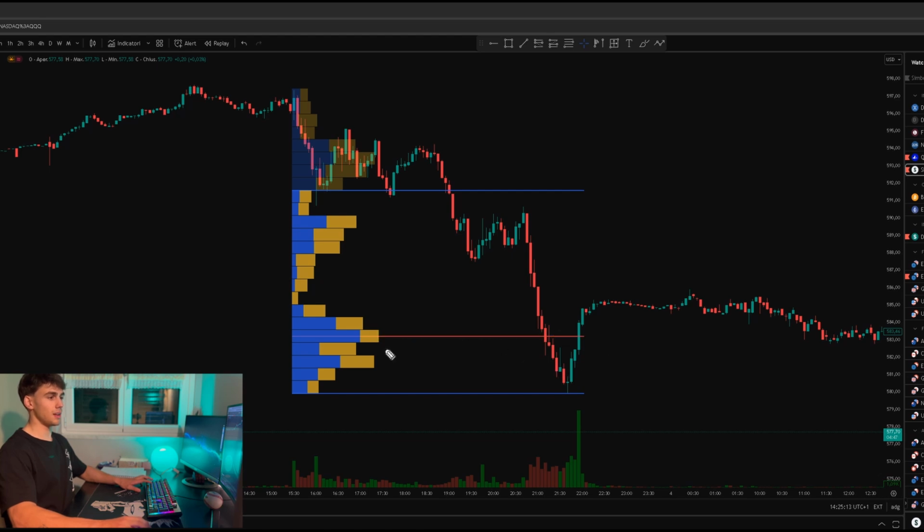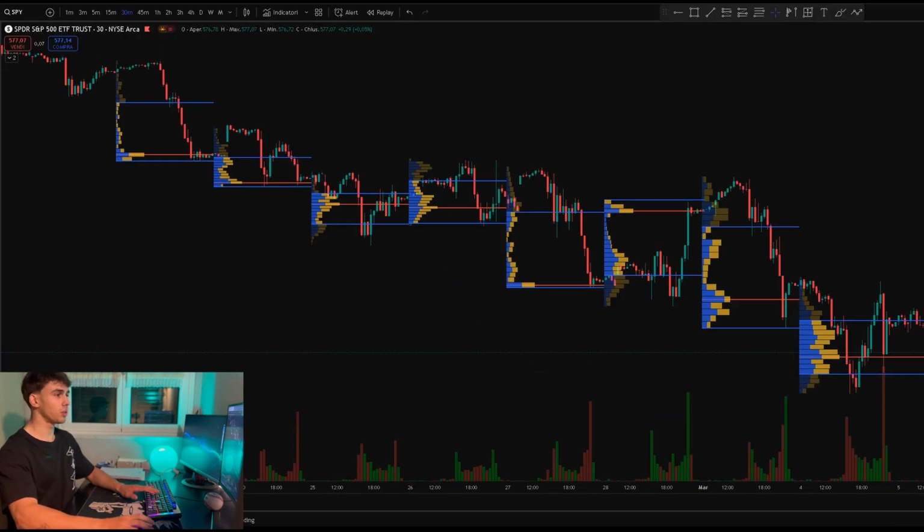This red line is called the POC, which stands for point of control. Why is it called point of control? Because this is the area where the most volume developed in the whole session, right? This is very, very important because this line can function as support and resistance later on.